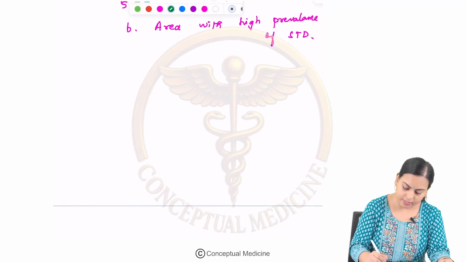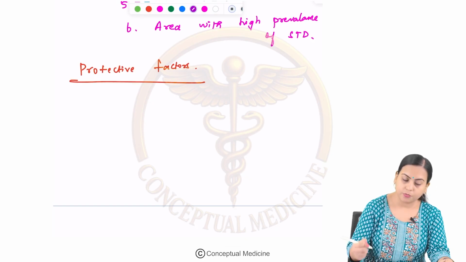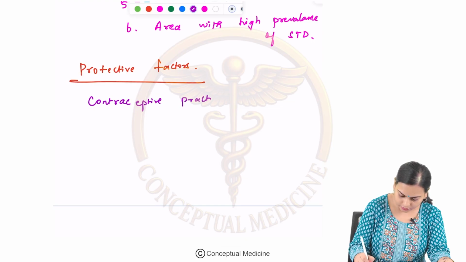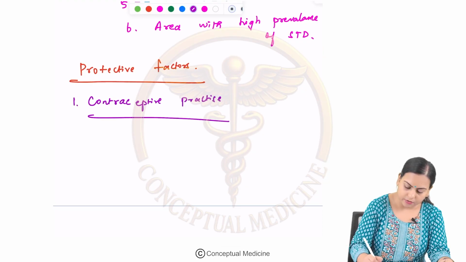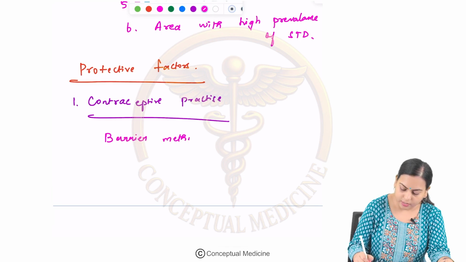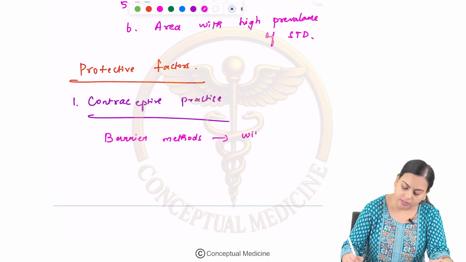Now, let us see the protective factors as well. Protective factors include contraceptive practice first, which is very important. In contraceptive practice, barrier methods are advisable, especially condoms or diaphragms with spermicides.